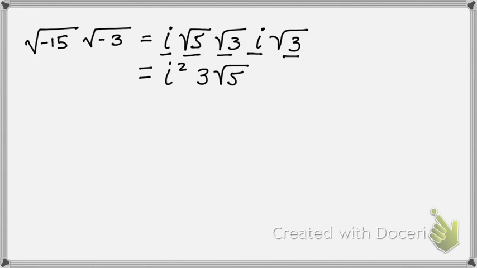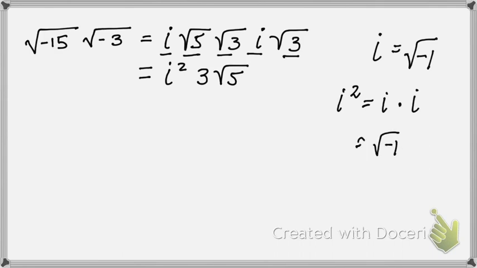All right, now if i is equal to the square root of negative 1, and I have i squared, that would mean that i squared is i times i, which is the square root of negative 1 times the square root of negative 1. And when I do the square root of anything times the square root of that same thing, what do I get?